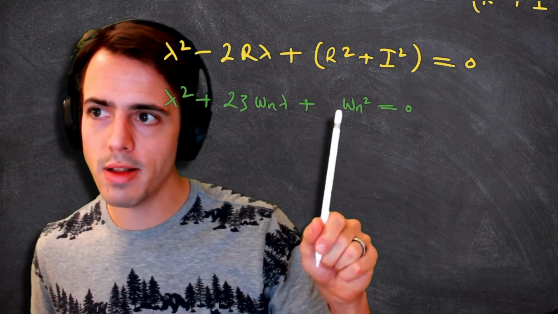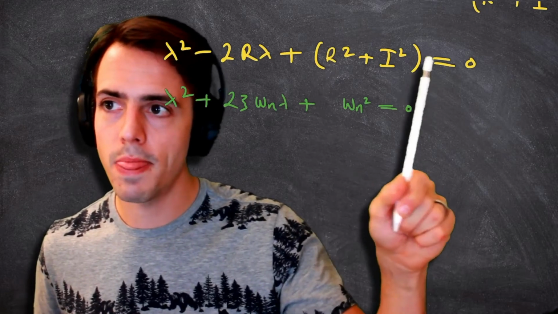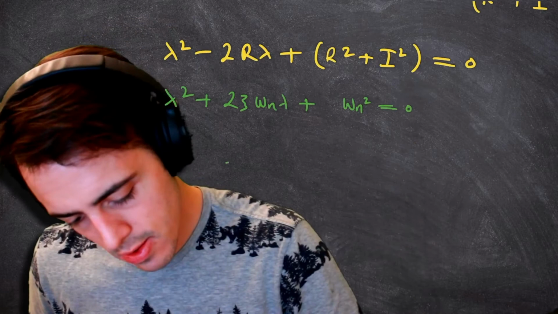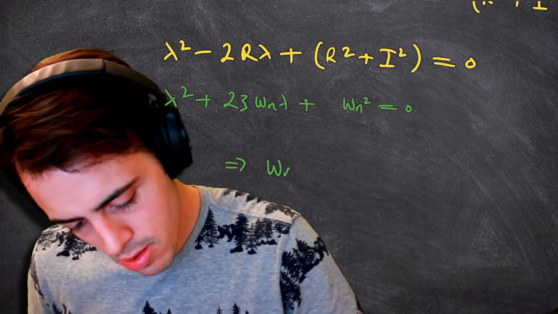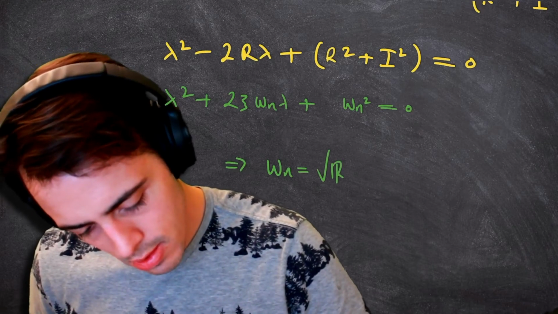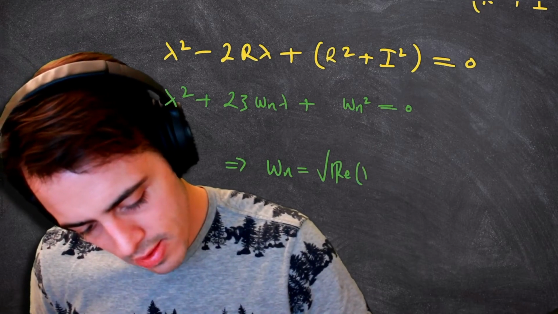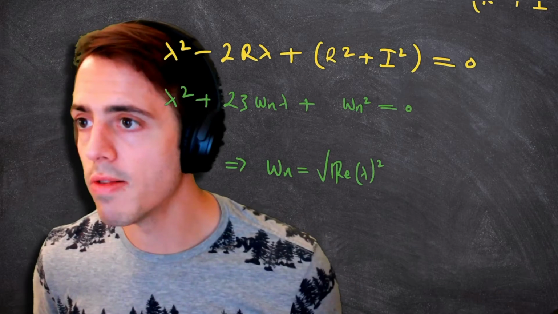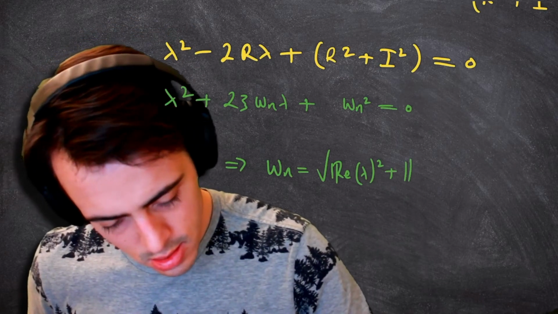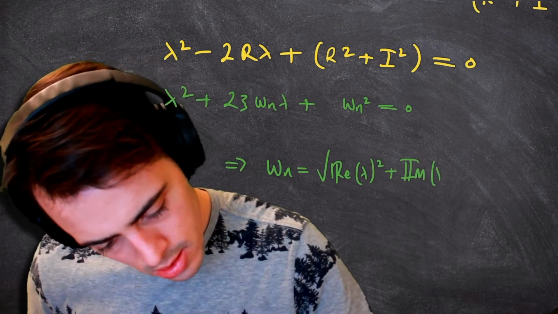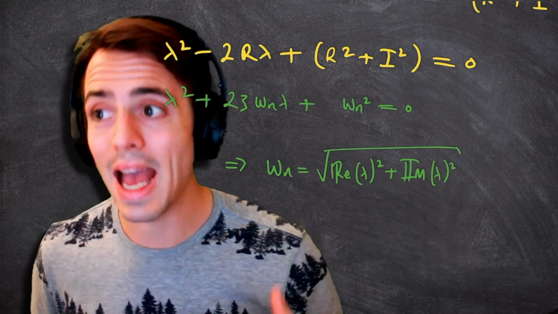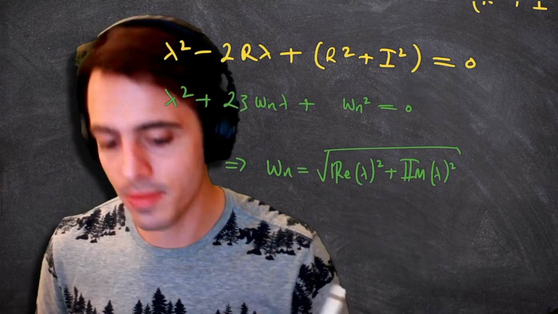So we've now just worked out that actually we can get the natural frequency, because the natural frequency is going to come straight from these two things here. So we have just shown omega n is equal to the square root of the real part of our root squared plus the imaginary part of our root squared, or the absolute value of the root.